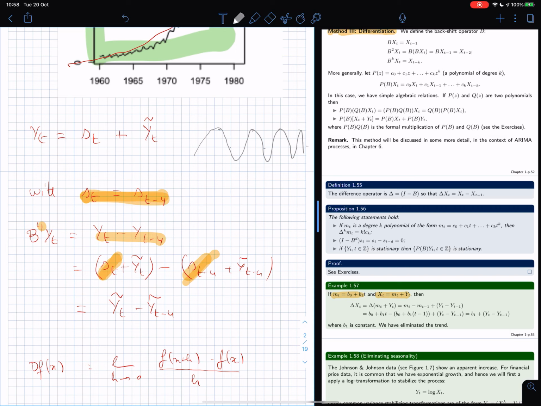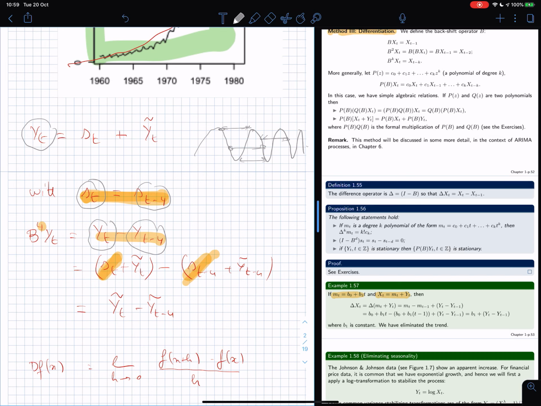In order to remove this, if I know that my behavior repeats every 4 months, I know that S_t is equal to S_{t-4}. Therefore, a good idea would be to look at the signal where I just remove Y_{t-4} from Y_t.